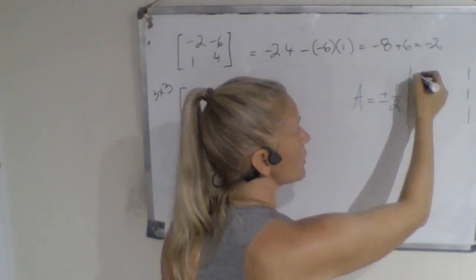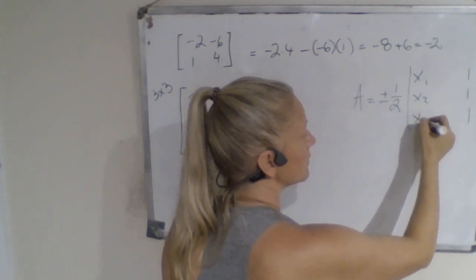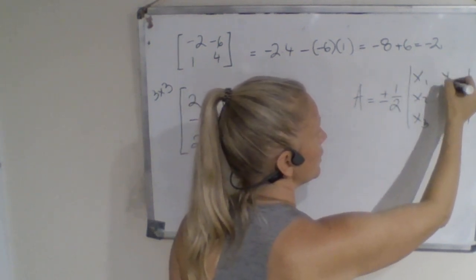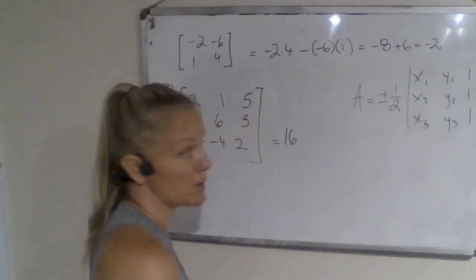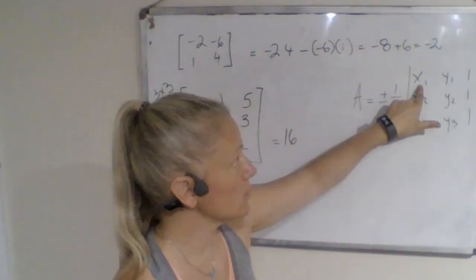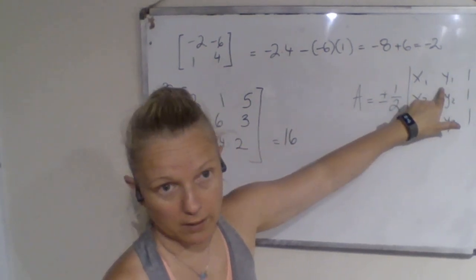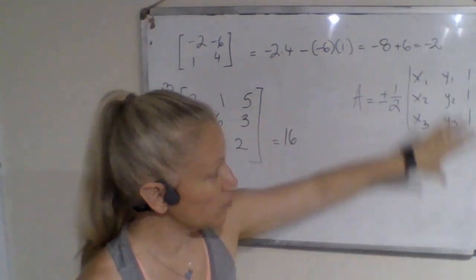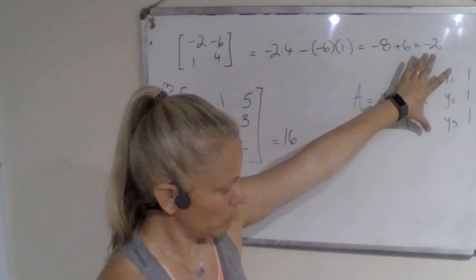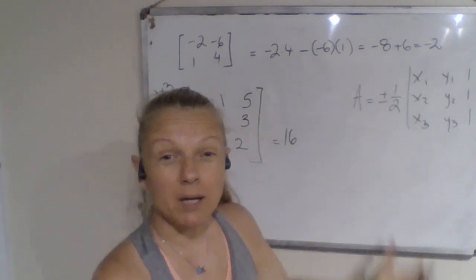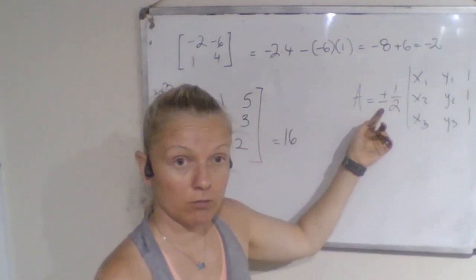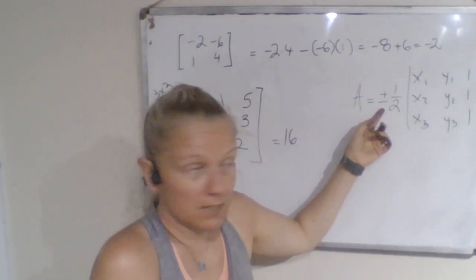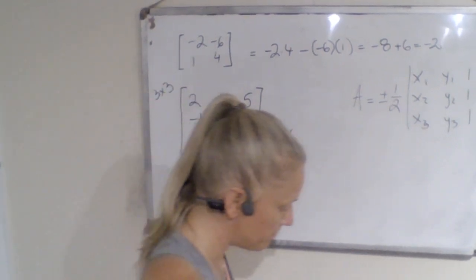Your first column is all of your x's, and your second column is all of your y's. Make sure they correspond. So don't ever put the x from the first point and the y of your second point, okay? Once you get this, you find the determinant using your calculator. You times it by 1/2, and if your determinant is negative, you times it by negative 1/2, because you can't have a negative area. You need a positive area, okay?